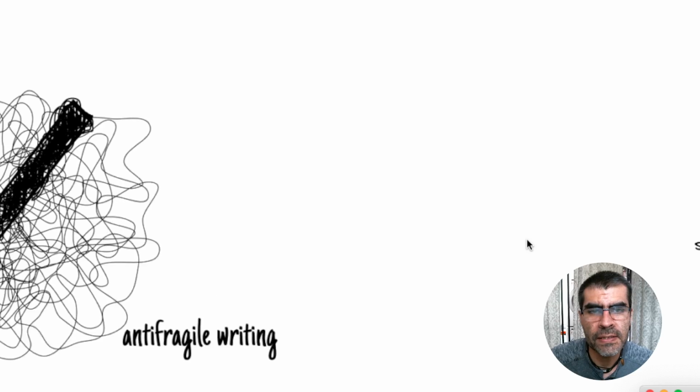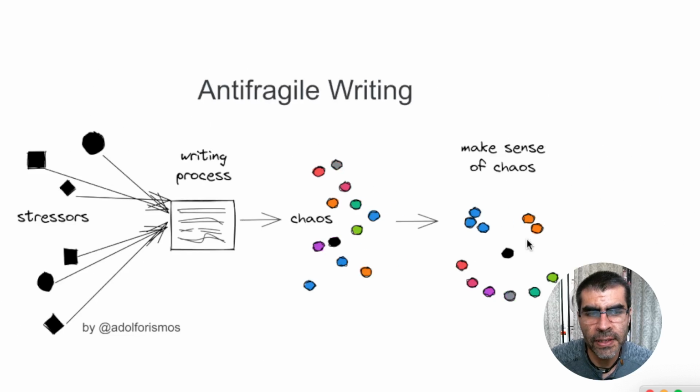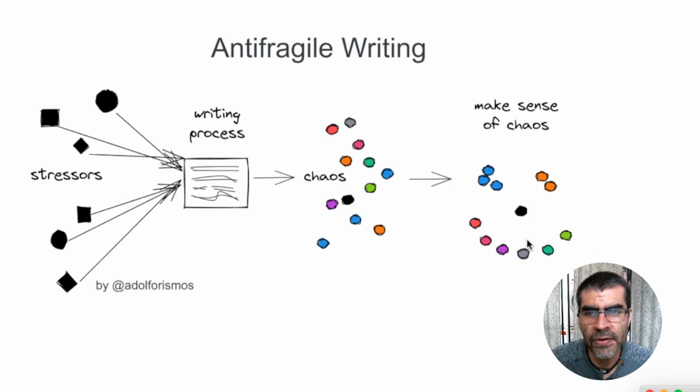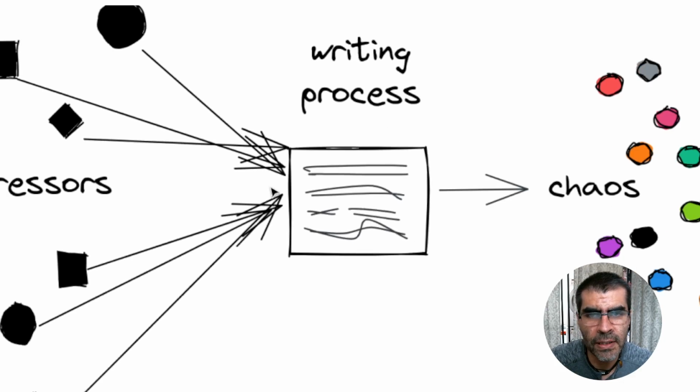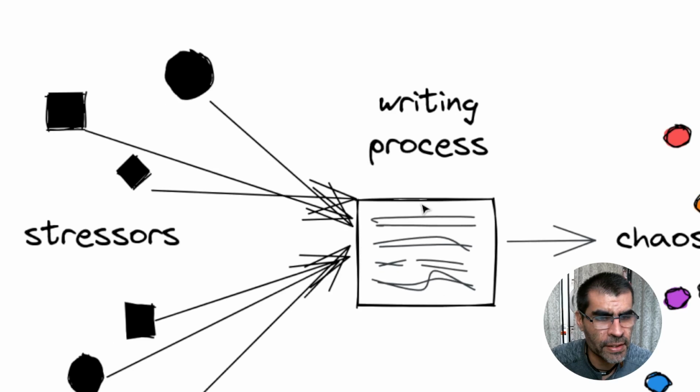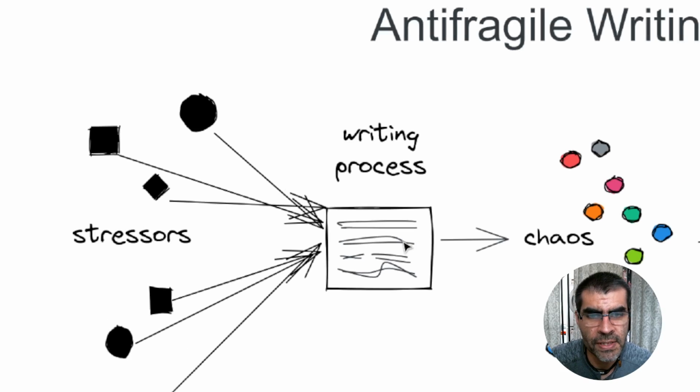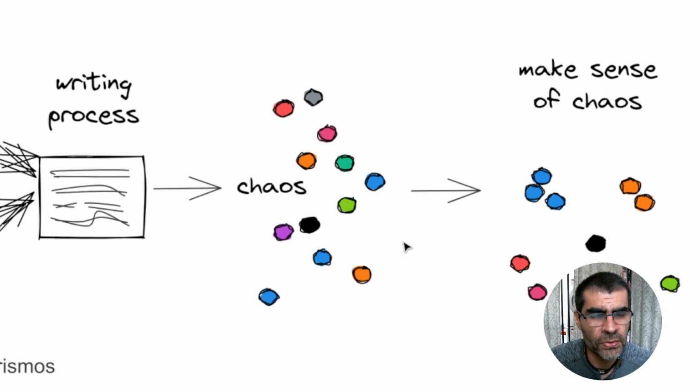In this case, we already talked about this framework and the components of anti-fragile writing. Let me remind you a little bit about it. As you may remember, this is your writing process. You have different kinds of stressors that drive and motivate your writing process, but you are going to produce chaos.